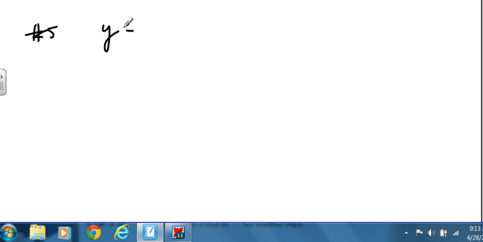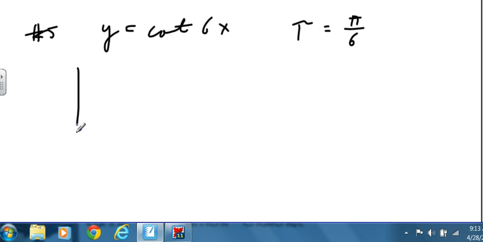We have y is equal to the cotangent of 6x. All right, well, my period is going to be pi over 6. Now, the cotangent function is 1 over the tangent function.